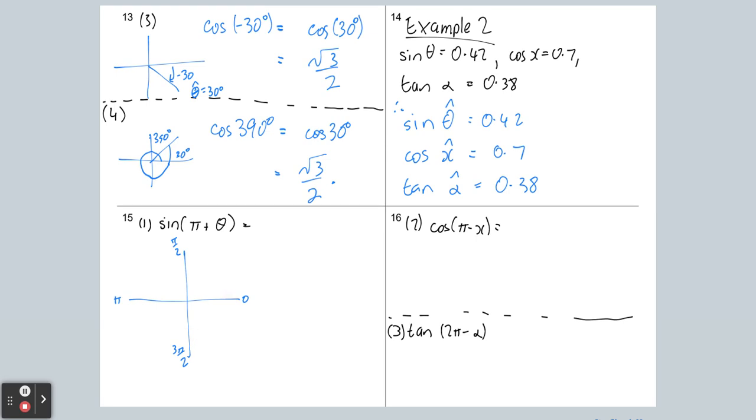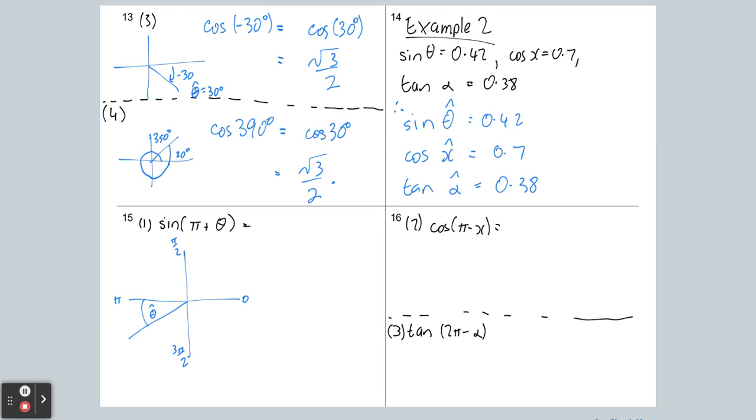So if I've been given sine of pi plus theta, we can effectively treat this like an angle that's going to land in this region here. So we've got all the way around here. And so I can put theta hat in here, which remember has the same value as the sine of theta.